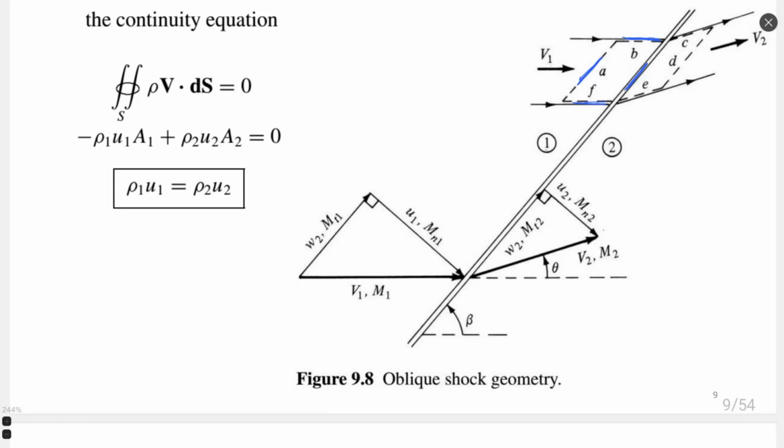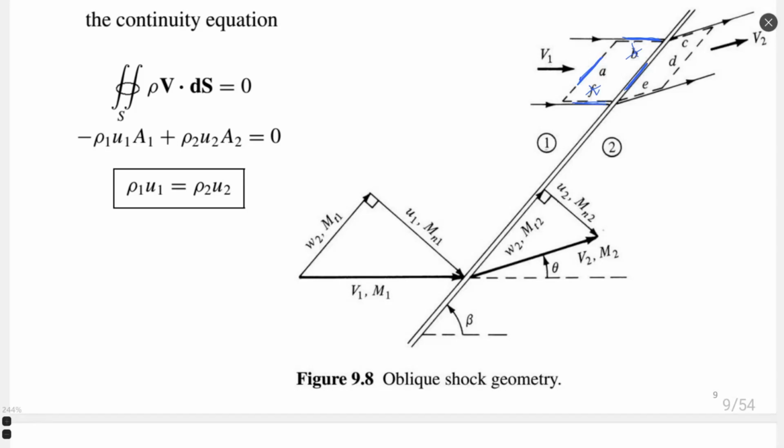For example, we will never have an integral of flow of any quantity of mass, energy, or momentum through edges F and B. So edges F and B will not produce any source or sink of mass, energy, or momentum.